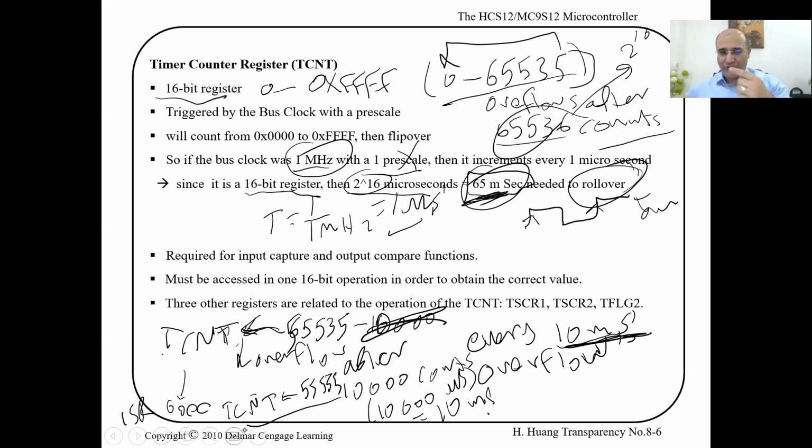So it will keep counting all the time from 55,535 to 65,535, then 0. Then you bring it back to here. So it will keep counting 10,000 times forever, causing an interrupt every 10,000 counts.